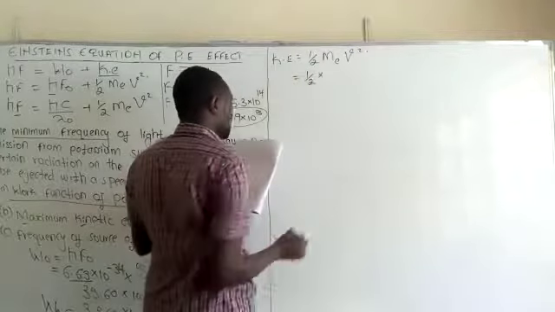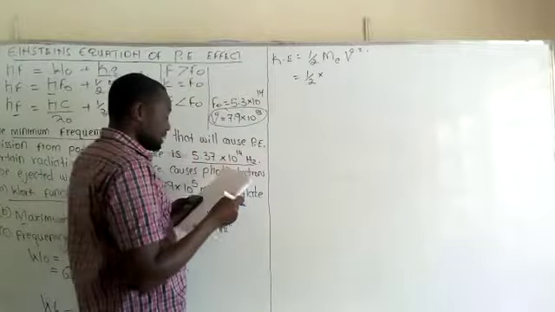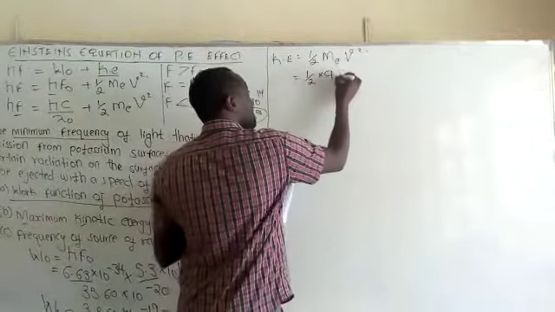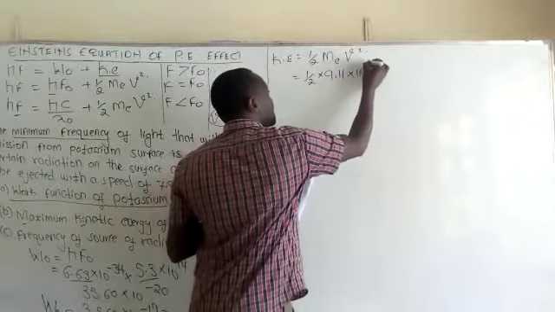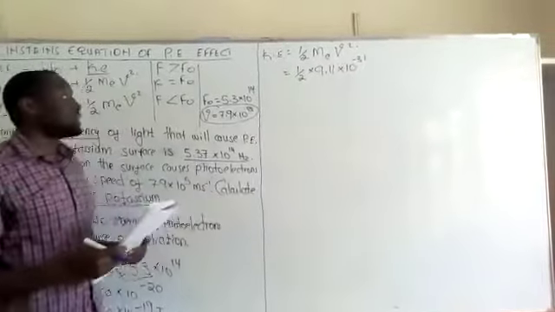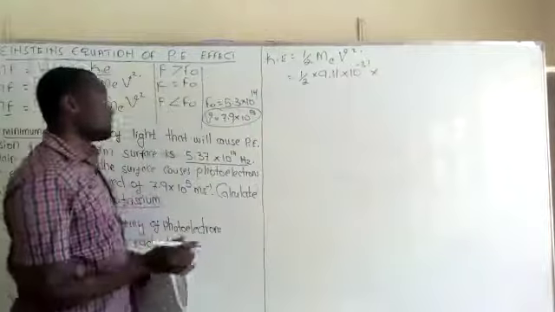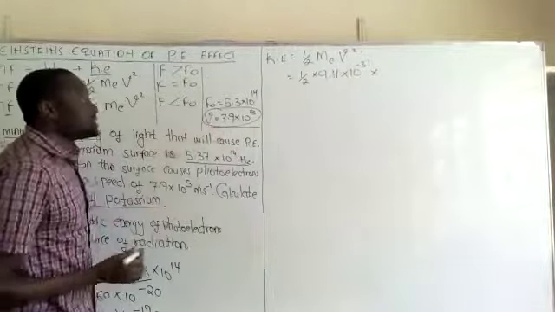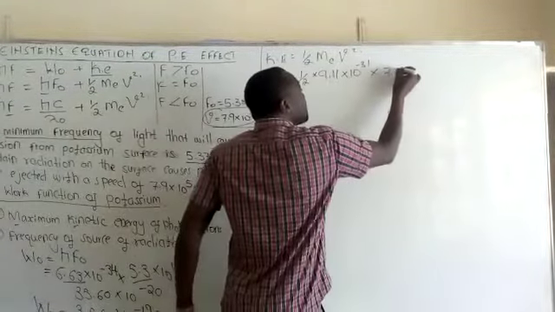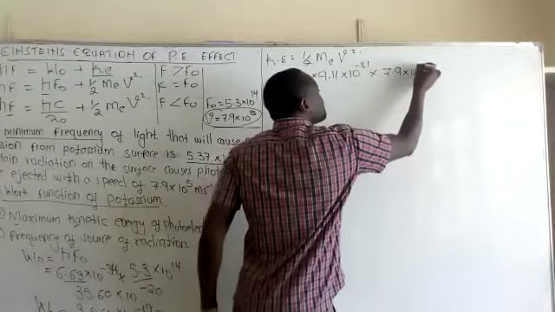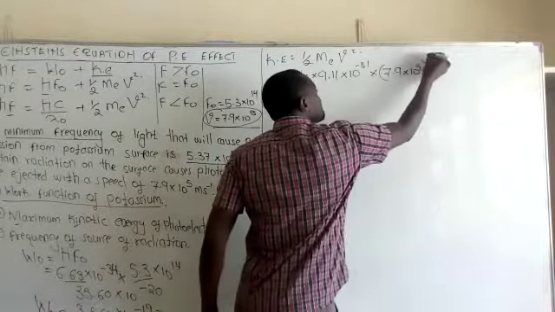The mass of an electron is 9.11 times 10 to the power negative 31 kilograms. Then we multiply that by the velocity, 7.9 times 10 to the power 5, squared.